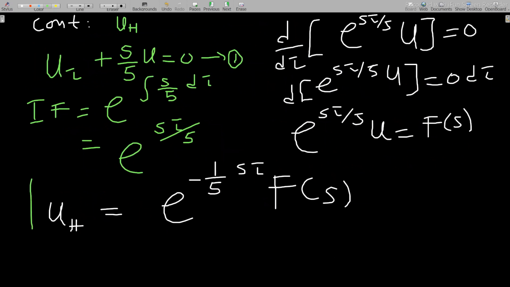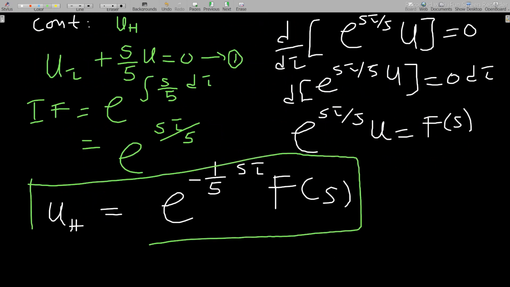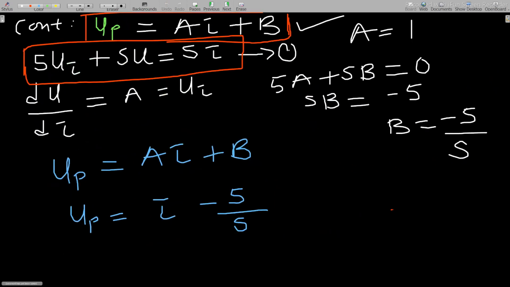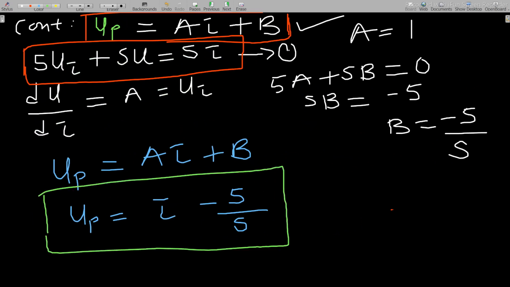This is my U homogeneous, and this is my U particular. So I just have to sum these two and I'll get my answer. Let's quickly add some slide to it and then write it.